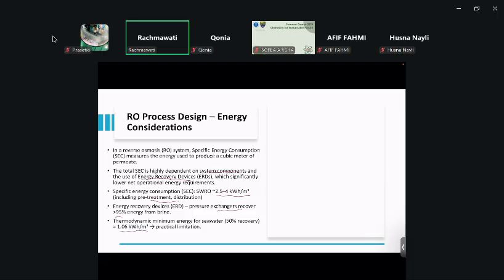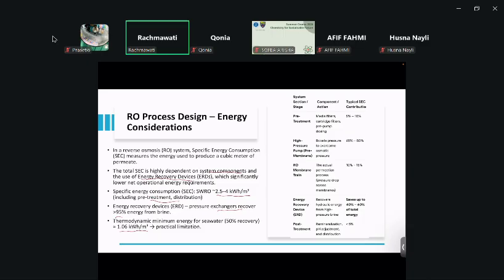And this is also the energy as a practical limitation. If we compare it, the system section includes pre-treatment, and the components involved are, for example, media filters, cartridge filters, and so on. It contributes to energy consumption around 5 to 10%. Then you might also use a high pressure pump for the membrane.